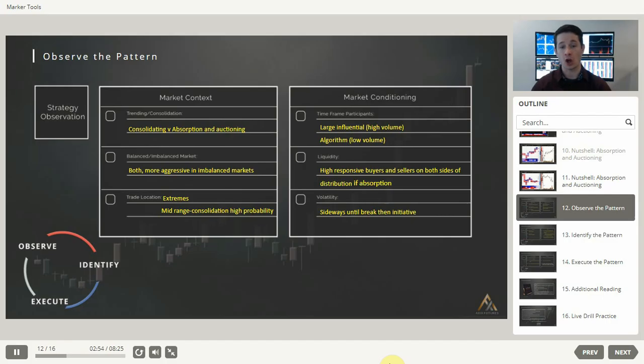So you start off with, like you can see in front of you, observe the pattern, and you go and observe strategy 1 that I observed in the oil market. What was it doing? Was it trending or consolidating? The template acts as a stencil, and you then view in the market what was the fact-based information based on the strategy I'm observing. Now you go through each one of these sections and draw upon the information that's come from the strategy you've observed.